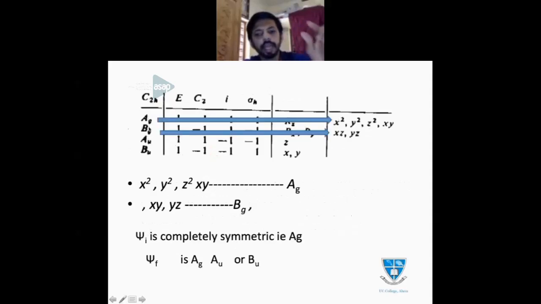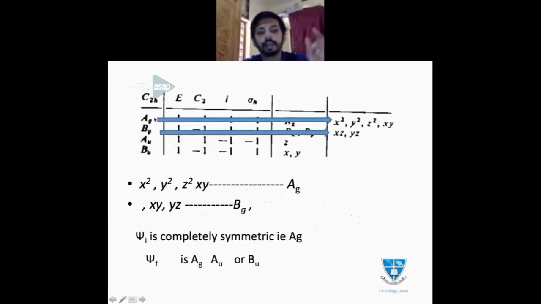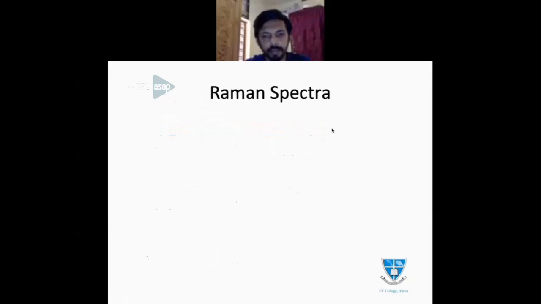That means if a molecule has a center of symmetry, the Ag and Bg vibrations will be Raman active, and the Au and Bu vibrations IR active. The ungerade symmetry has IR activity, and the gerade has Raman activity. So this is actually the rule of mutual exclusion principle.